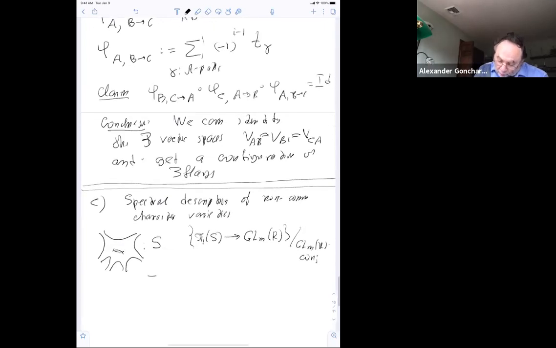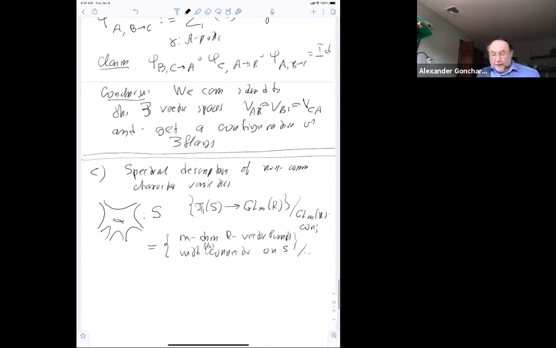And this is, of course, the same thing as m-dimensional R vector bundles with flat connection on S, modulo isomorphisms.